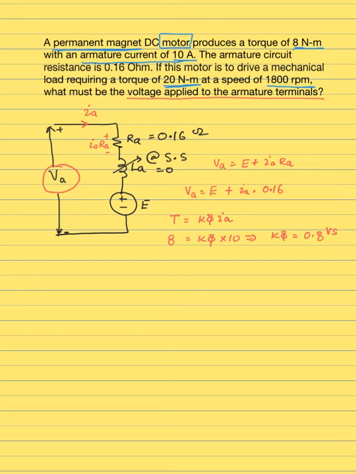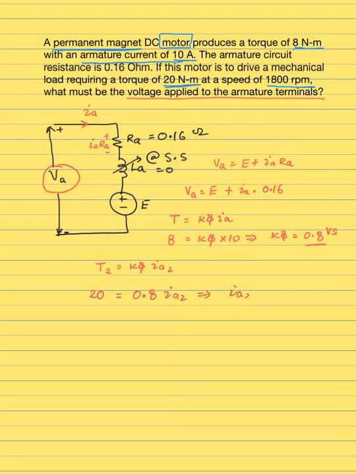The second situation you have is, let's say I write the equation T2 equals K phi IA2. Now K phi remains constant in this case because it's a permanent magnet motor. So whatever the field is, it's the same field forever. So T2, the second torque, is 20 Newton meters. K phi is 0.8, and IA2 under that situation is not known to us.